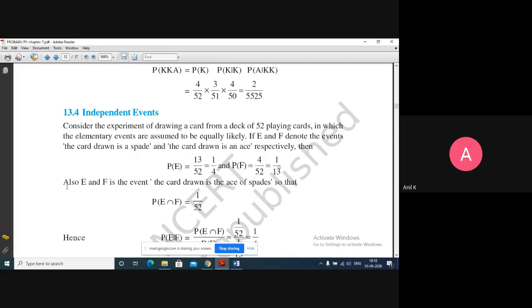Now also, E and F is the event that the card drawn is the ace of spade. If I take the intersection of E and F, that means the drawn card must be a spade and it must be an ace. There is only one card of the spade suit which is an ace, so the probability of E intersection F is 1 by 52.